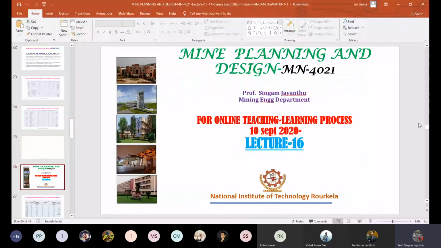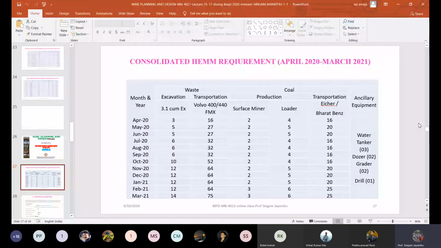So here, after seeing that, now let us go to this. Consolidated, you can note down some important points from this: the consolidated heavy earth moving machinery requirements, how it was made, and for achieving that production. For waste and coal, as you have seen before in two separate tables, now I am giving you, including the transportation also.